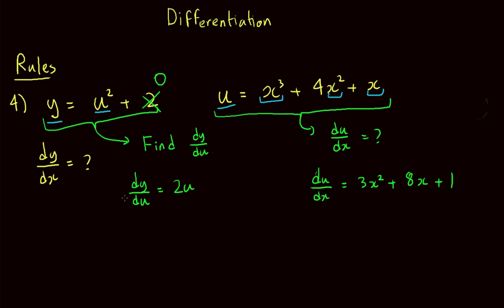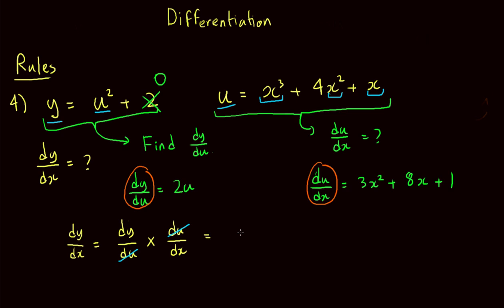So once we've found these, what do I do with this dy/du and du/dx? I'm going to multiply them together. So dy/dx is equivalent to dy/du times du/dx. And this is quite a logical way to multiply because you can easily cancel out the du terms, and then of course we get dy/dx. That's why we multiply in the first place.